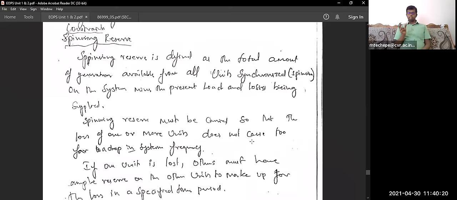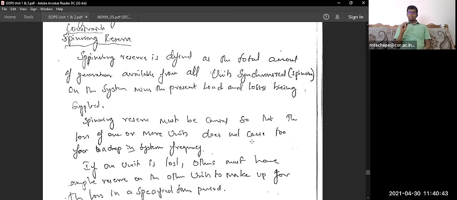Also, whatever the generation, there are some losses. So 500 megawatt will not reach the load; some 20 or 30 megawatt is lost, so 470 megawatt, and the demand is some 500 megawatt. So 30 megawatt is the deficit.